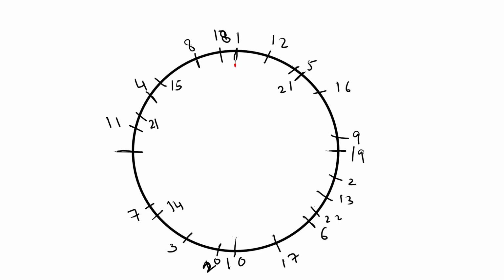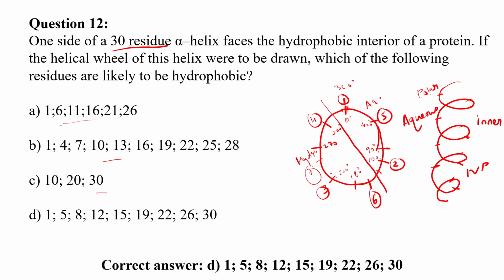That cannot happen in an alpha helix. I've explained why: in a helix, half of the residues lie towards the aqueous environment and half go away from it, so they will be hydrophobic. So the first option we rule out because 1, 6, 11 could not be in the same group.